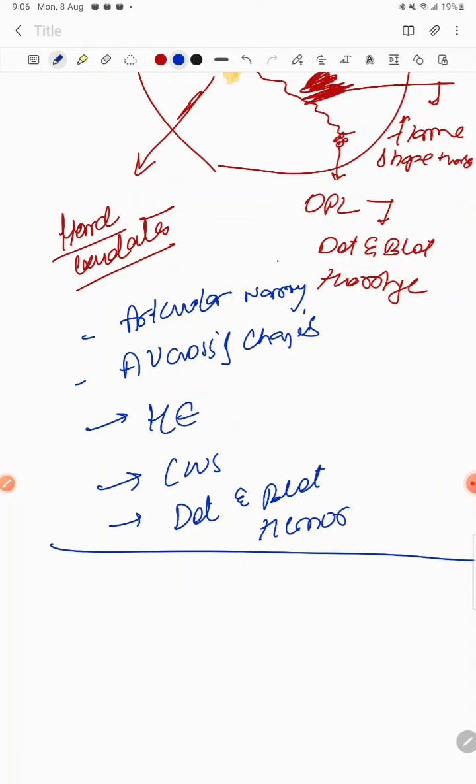Now what Keith and Wagner have done is they have classified or graded the hypertensive retinopathy, so you can know the amount of damage.